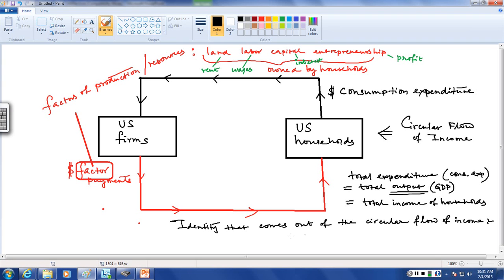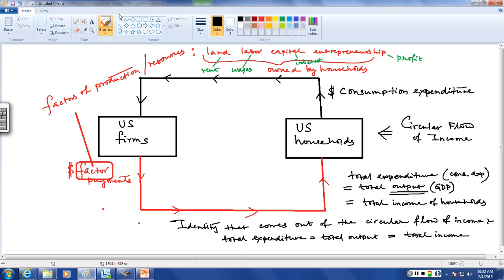And the identity is that total expenditure in the economy is equal to the total output of the economy, which is also then equal to the total income in the economy. Yes?